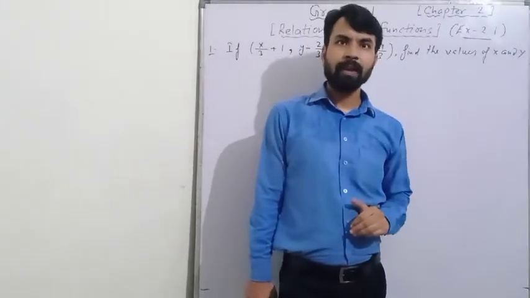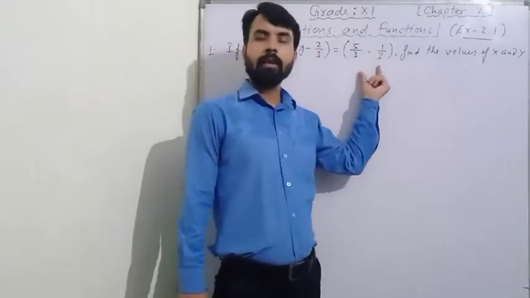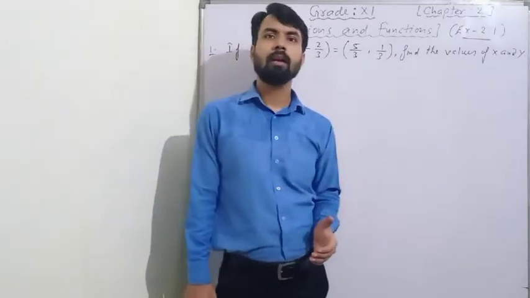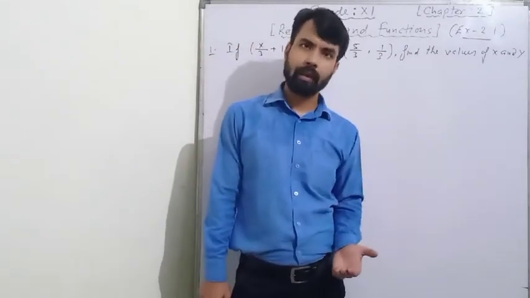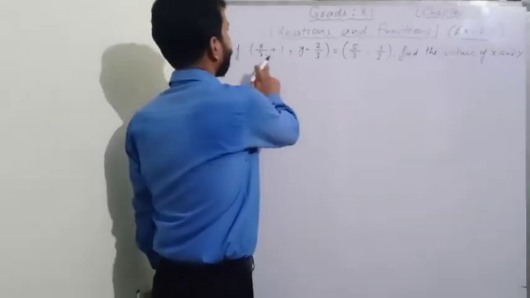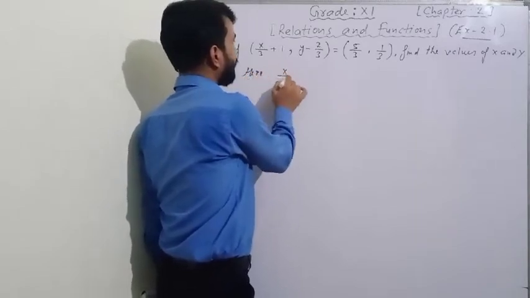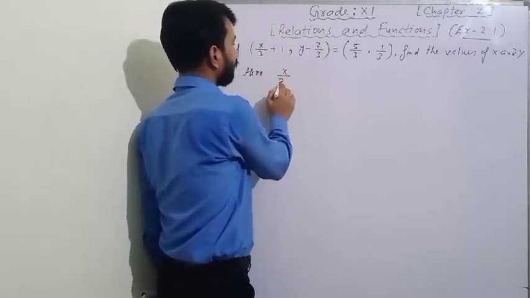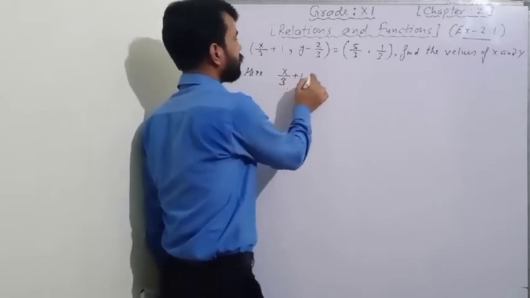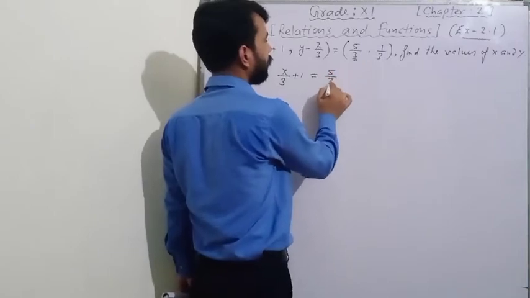I have already explained, if two ordered pairs are equal, then the corresponding first elements and corresponding second elements are also equal. Understood? So the very first element of the first ordered pair is x upon 3 plus 1. x upon 3 plus 1 equals the first element of the second ordered pair, 5 upon 3.